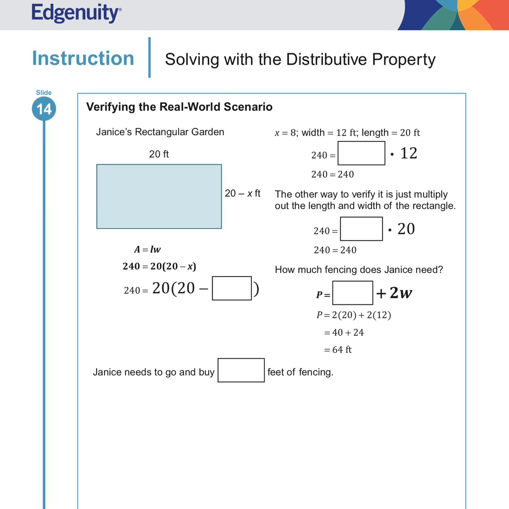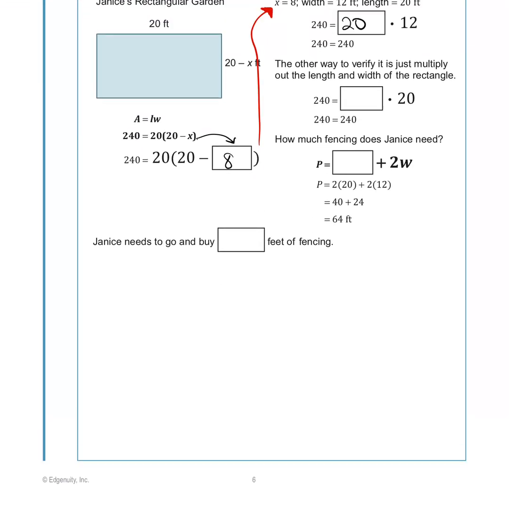So now they go back and they go ahead and now they check their work. So they're going to plug in that x, they're going to plug it in with an 8. They're going to do the subtraction. It's going to be 20 times 10. I don't like the way they go in this order. That's why I'm drawing you guys these arrows, just because it's a little odd that they don't keep it next to each other when they have so much room at the bottom.